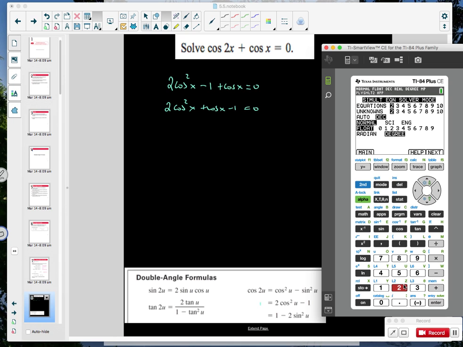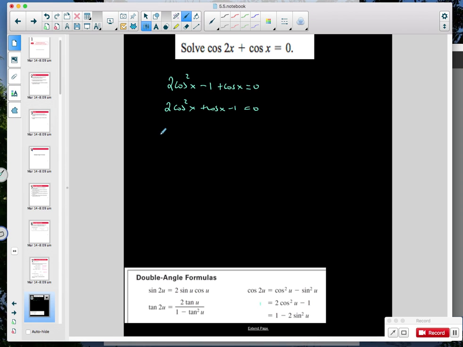So you get two equations, two unknowns, in the polynomial root finder. So it's 2x squared plus x minus 1. I'm doing it just to demonstrate the idea. Solve, and you get these two answers, 1/2 and negative 1. But it's important not to forget to factor out the a, so it's 2 times cosine x minus 1/2 times cosine x plus 1 equals 0.